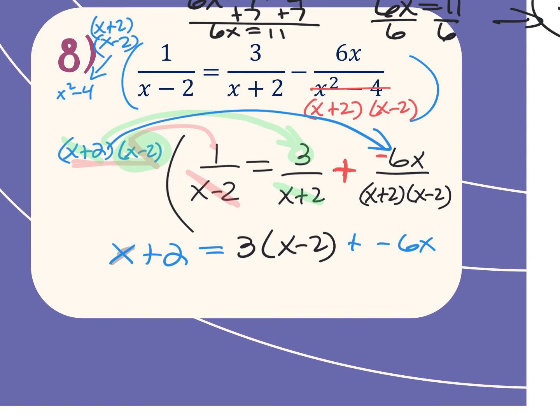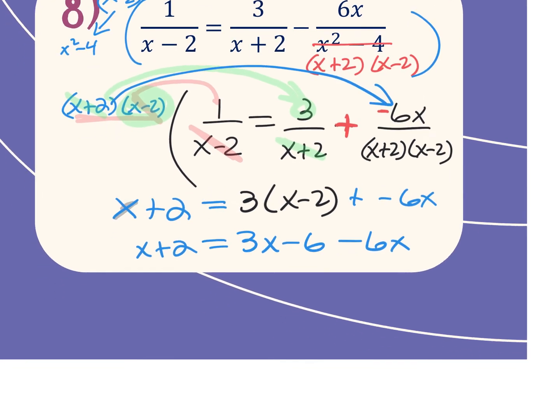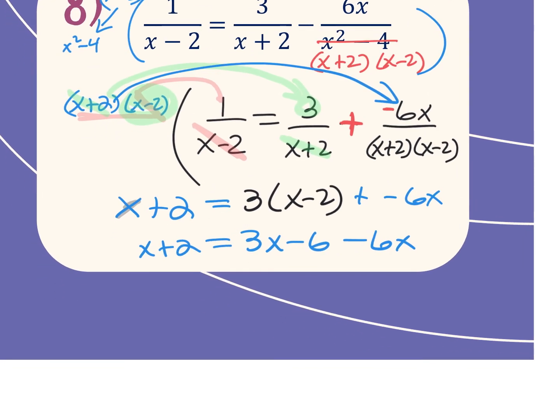So now I need to distribute this. Actually, I can drop the minus. And now I need to start combining my like terms. So I have like terms here that I need to group first. So I get x plus 2 equals negative 3x minus 6.